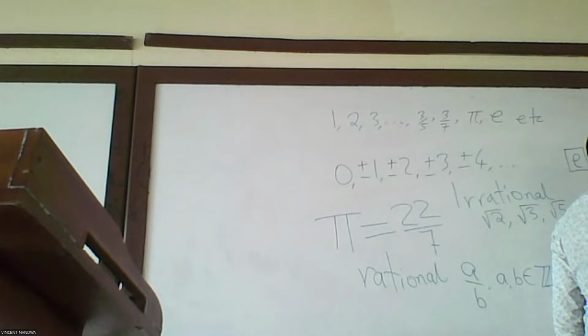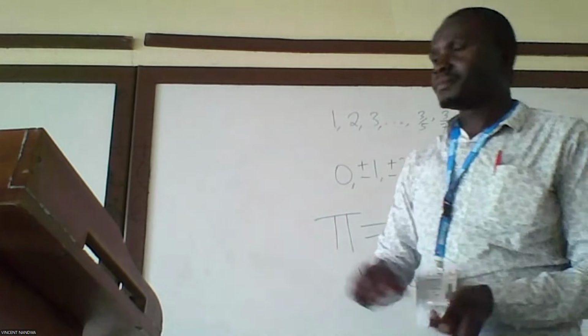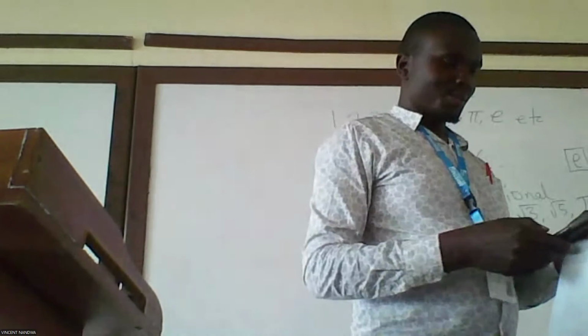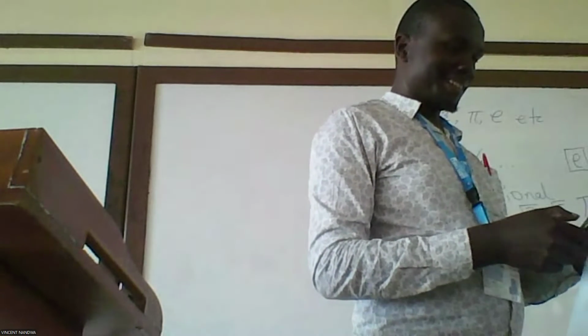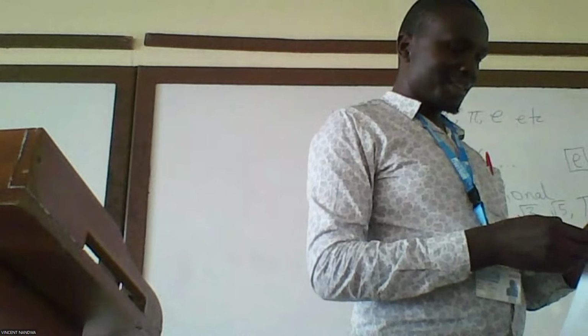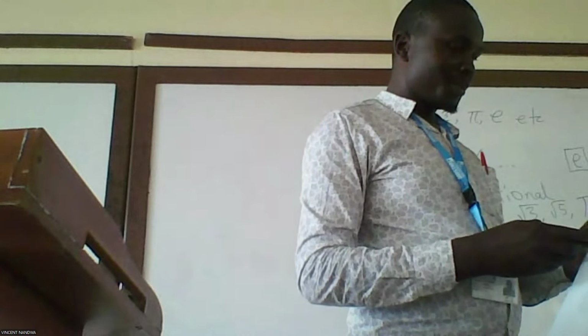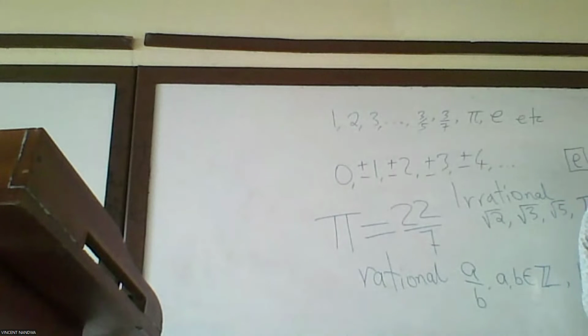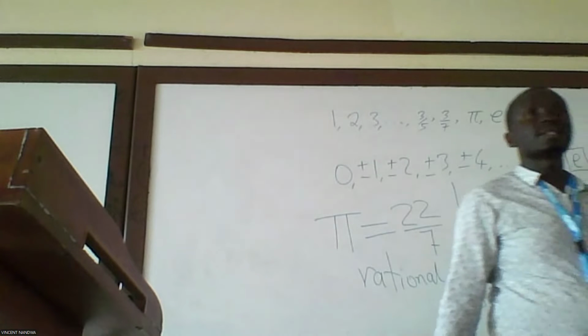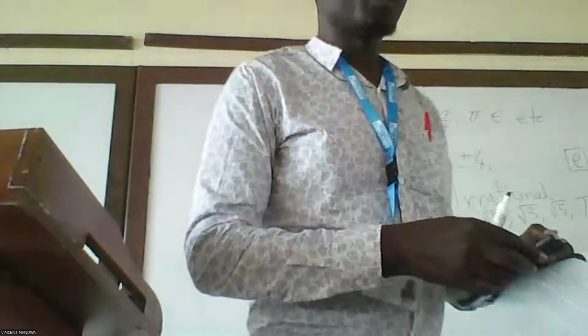Is it 8? Yes, okay, just a minute, so that we are on the same page. 2.7, 1, 8, 2, 8, 1, 8. So that number is also an irrational number.